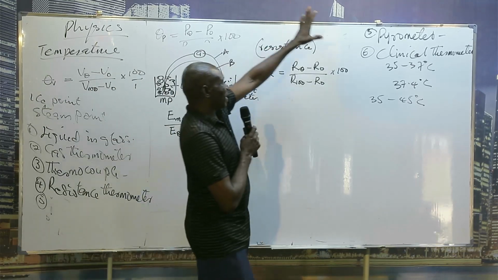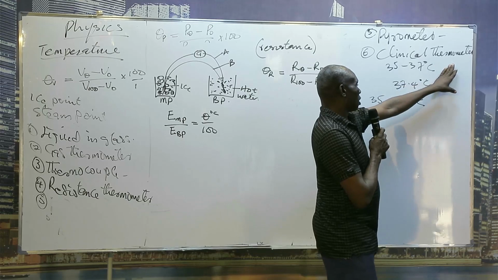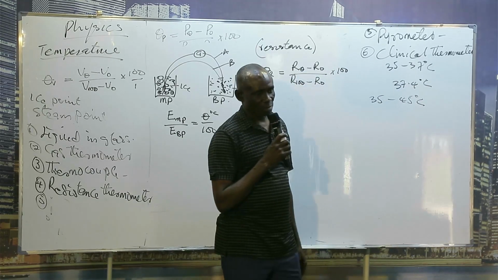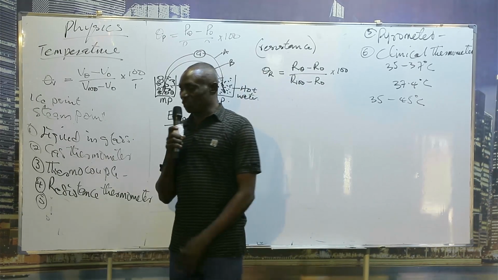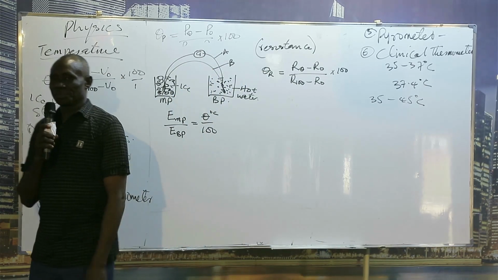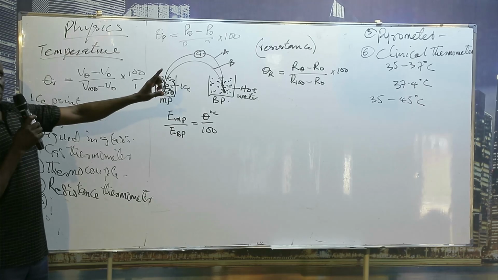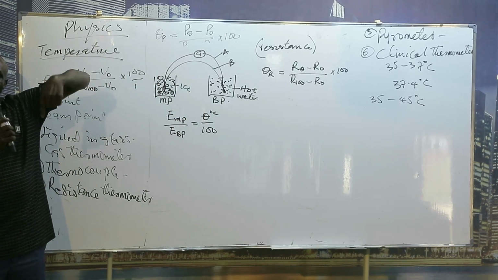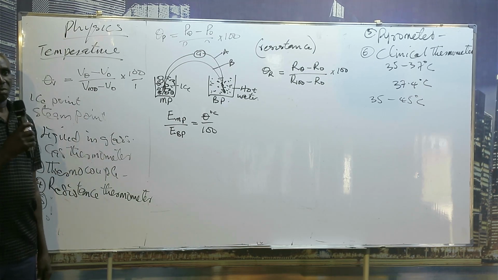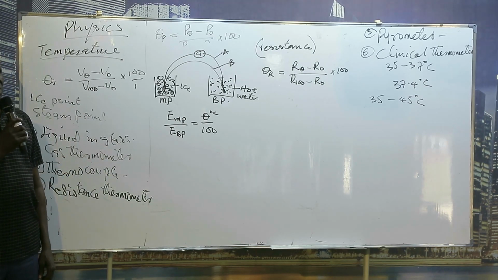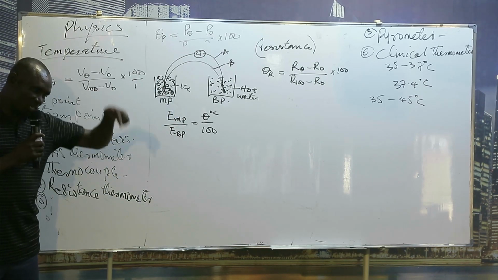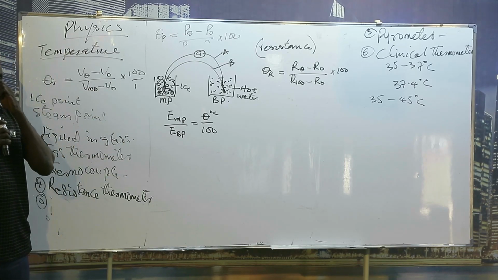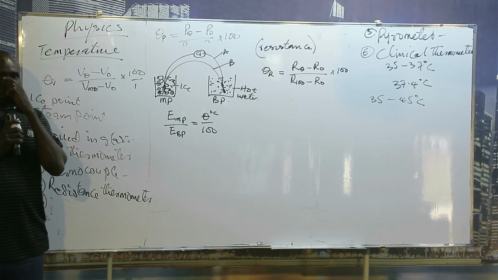The range of the entire clinical thermometer ends around 45 degrees C. That's why most JAMB questions ask: why can the clinical thermometer not be stirred in hot water? JAMB asks that kind of question from time to time.